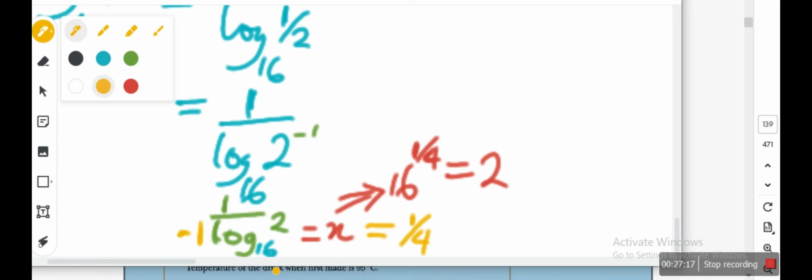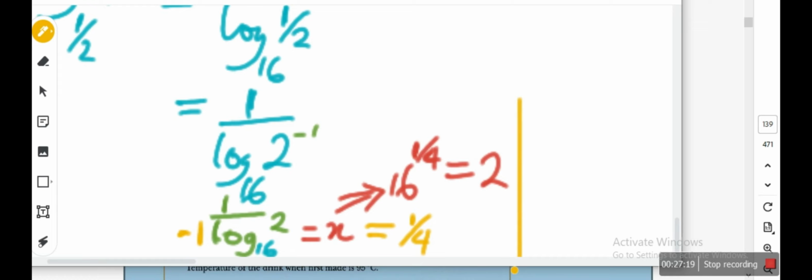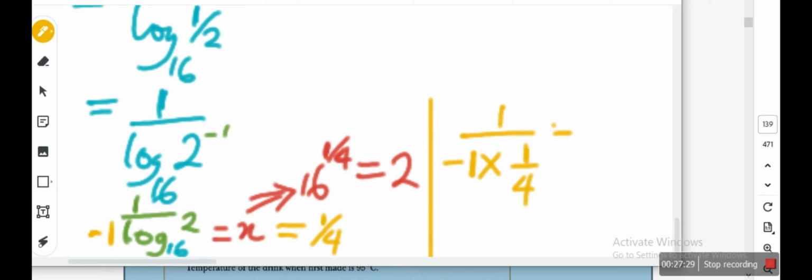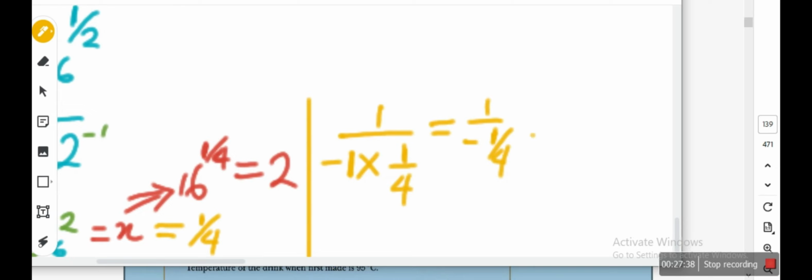This is a very exciting one. So you have 1 over minus 1 times 1 over 4. What will it give us? 1 divided by minus 1 over 4 gives minus 4.